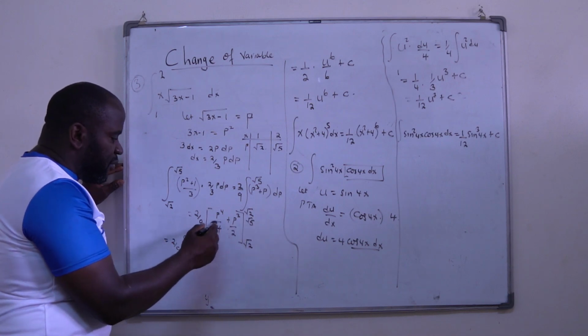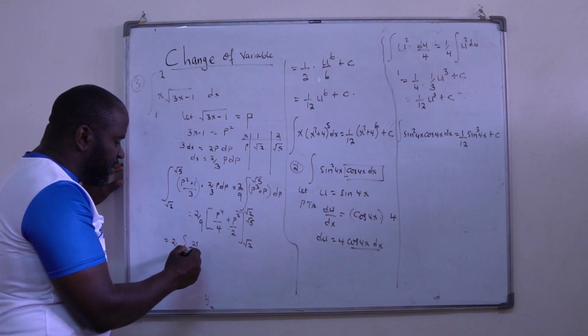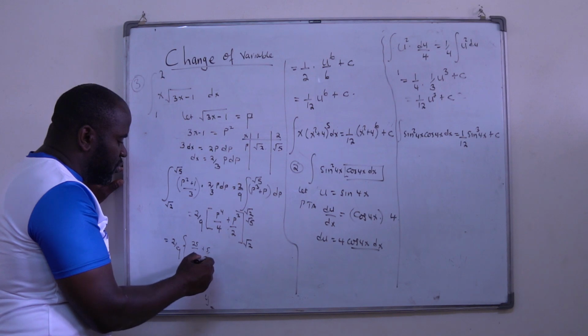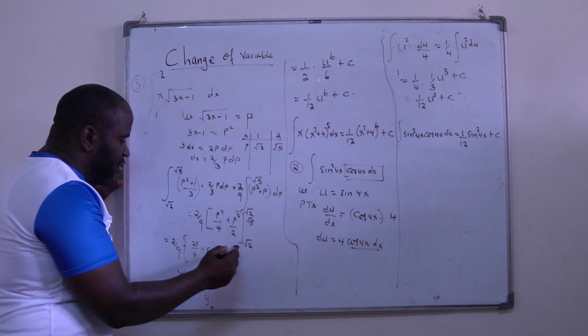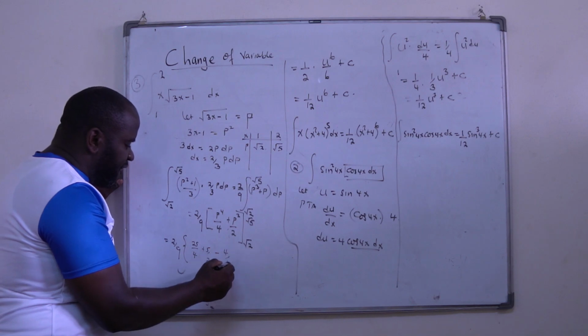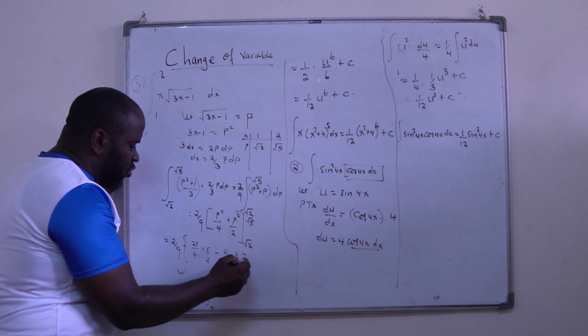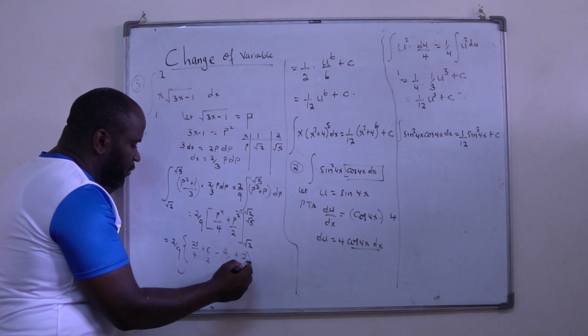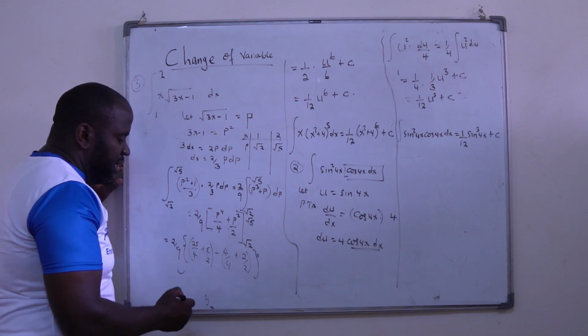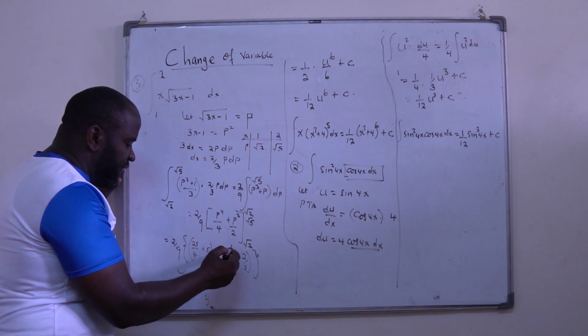Root of 5 to the power of 4 will give us 25 over 4, plus 5 over 2, minus root of 2 to the power of 4 is going to give us 4 over 4 plus 2 over 2. It is from this note that this one and that one give us a 1.